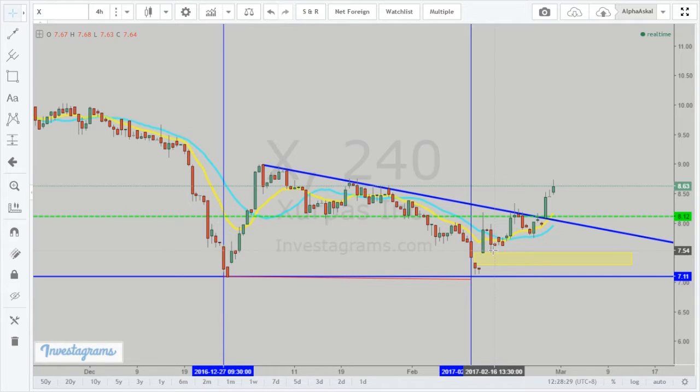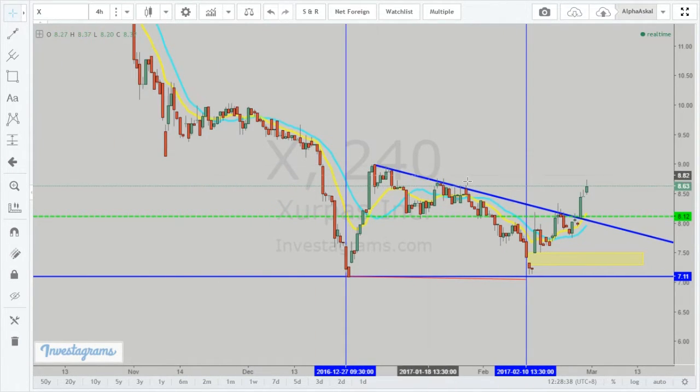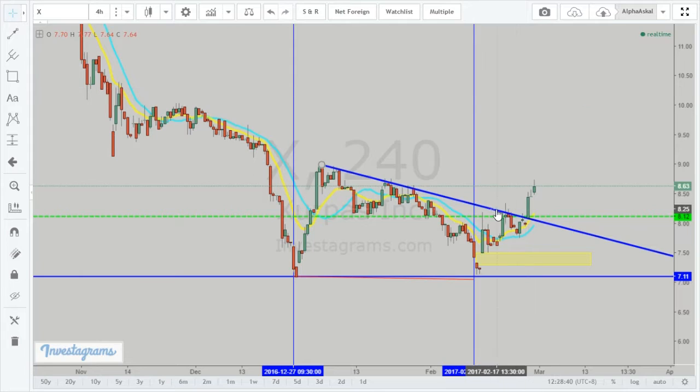So we've entered that, and now we've already broken out from this trend line resistance that we created. So it's a good sign. We're having a strong bullish momentum, and as I said in my previous videos, there will be a domino effect.